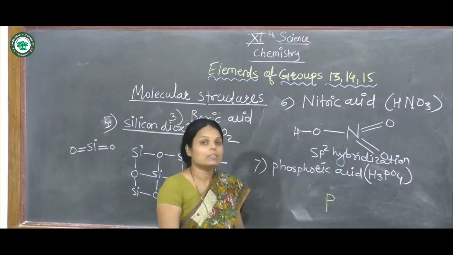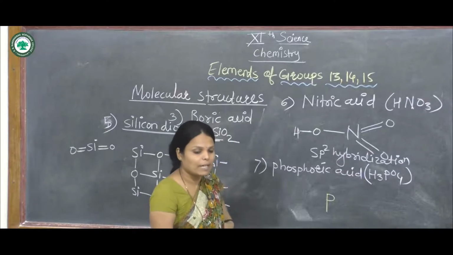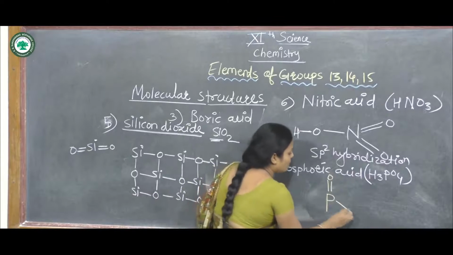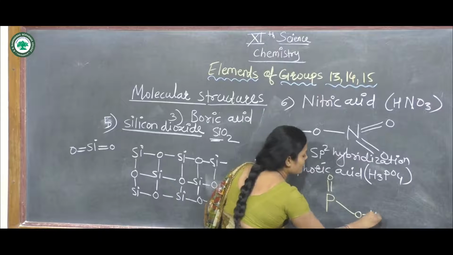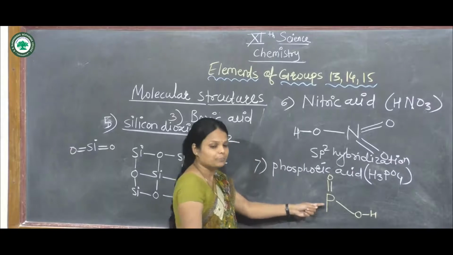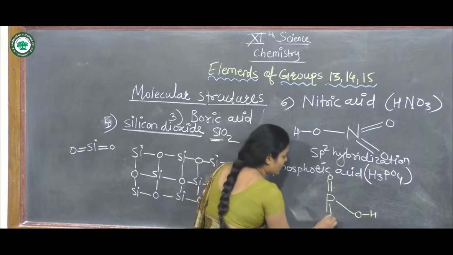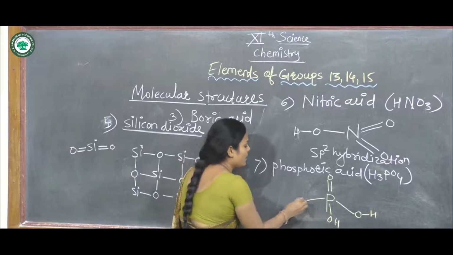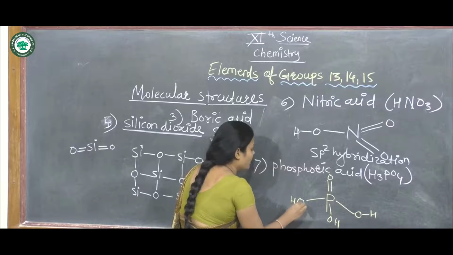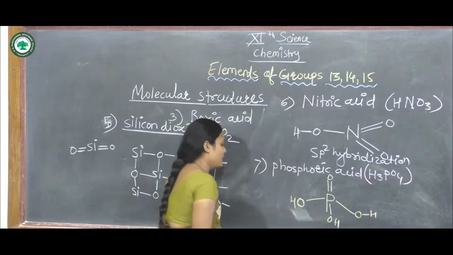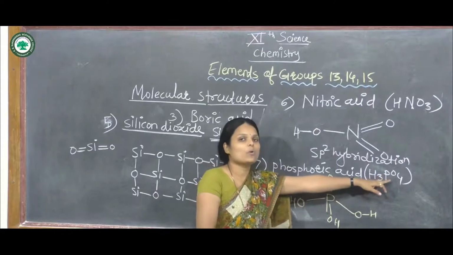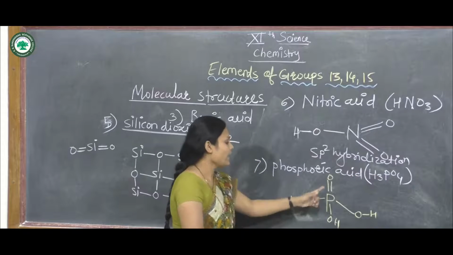On that phosphorus, 4 oxygen atoms are attached. Here is a double bond to O. Here is O, and on that oxygen a hydrogen atom is attached. Now here is oxygen, also with a hydrogen attached, and on that oxygen a hydrogen is attached. This is the formula of H3PO4, phosphoric acid, and this is the structure.